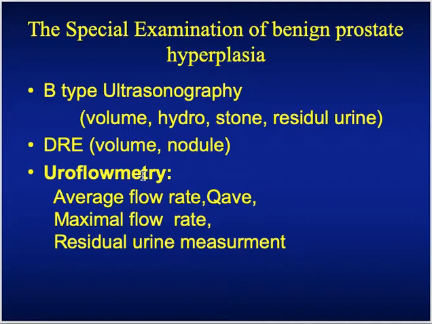For example, a normal flow rate is more than 15 milliliters per second when the patient is voiding, meaning urinating, more than 200 milliliters of urine. When the flow is decreased, which is basically less than 10 milliliters per second, of course it means there is poor flow.